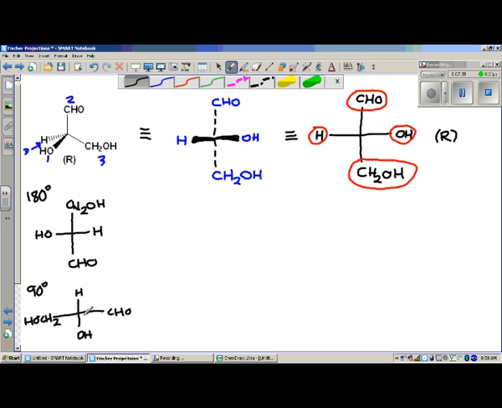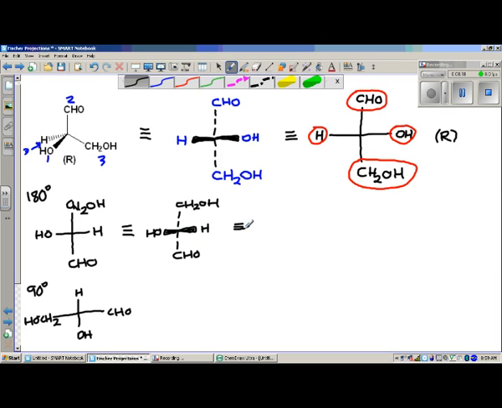What I'm going to show you is that this one still equates to the R stereochemistry, and this one does not. So we're going to go backwards from what we did before. We went from here to here to here. Now we're going to go from here to here, back to here. First we draw this out in exactly the way we had it before, with these groups on top: CH2OH, my hydrogen, my OH, and my CHO.